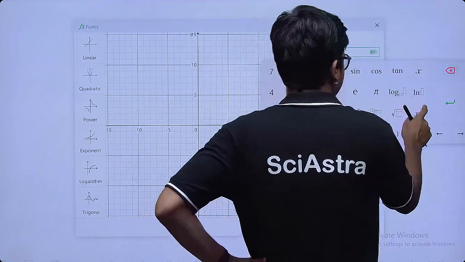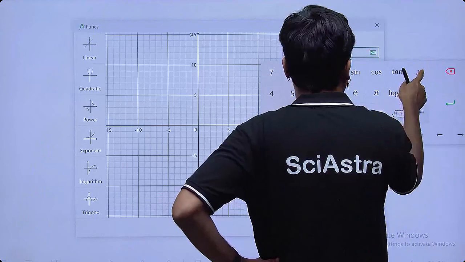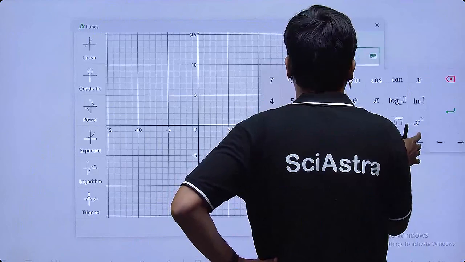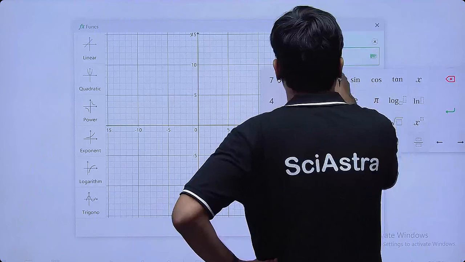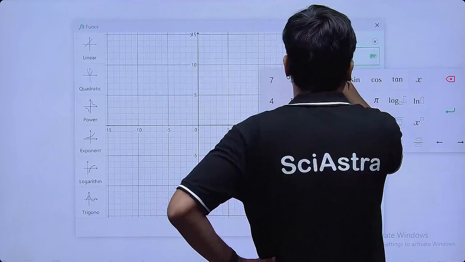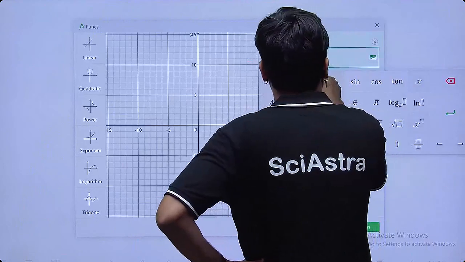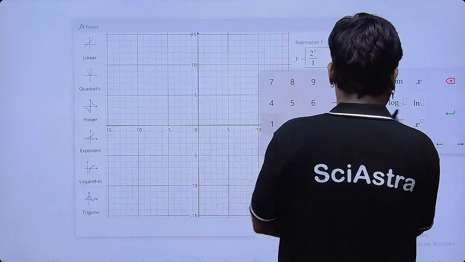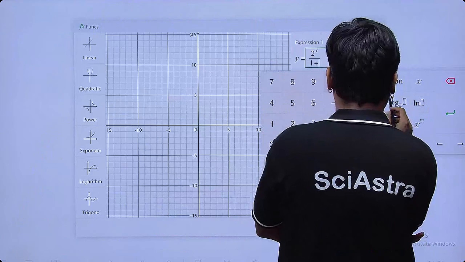Okay, so 2 power x divided by 1 plus 1 to the power 2x, right?